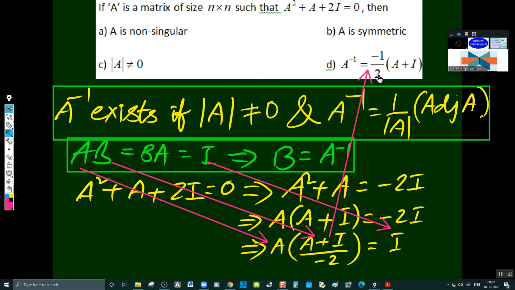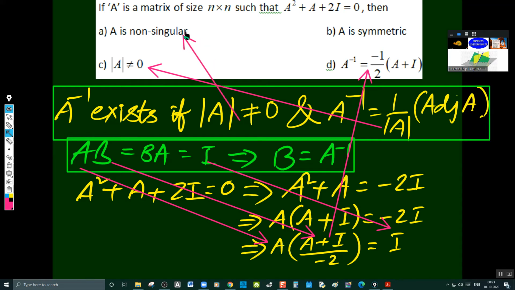And because A inverse exists, obviously your determinant must also be not equal to 0. Obviously det A not equal to 0 means it is a non-singular matrix.